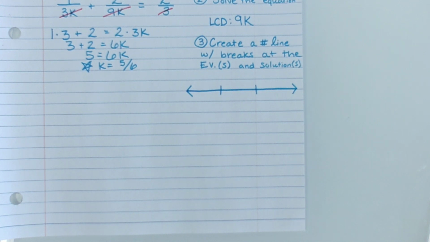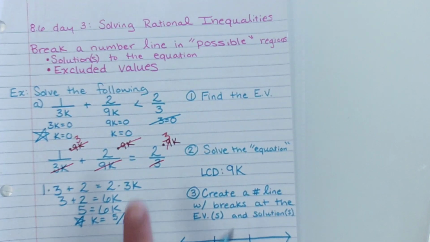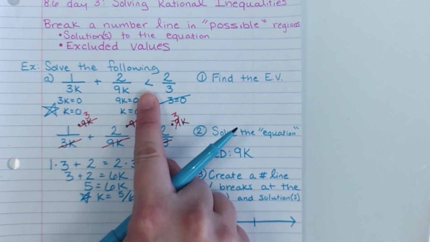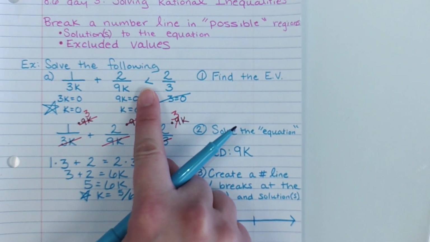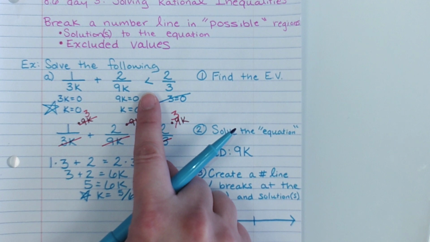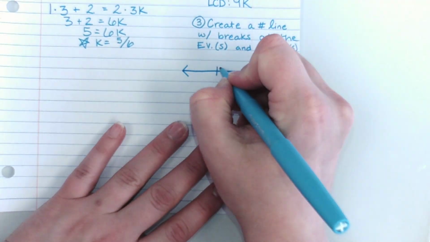Now, if my inequalities were ever or equal to, they could be closed circles. Those are a lot harder to work with because you also have to check other things about them. Our book doesn't do that. Our book does not torture you that way. Our book always makes them greater than symbols or less than symbols, and that's it. Which means these are always just going to be open circles.